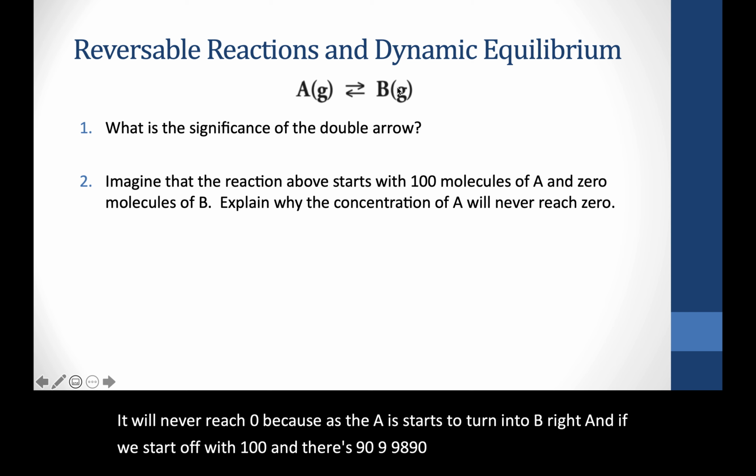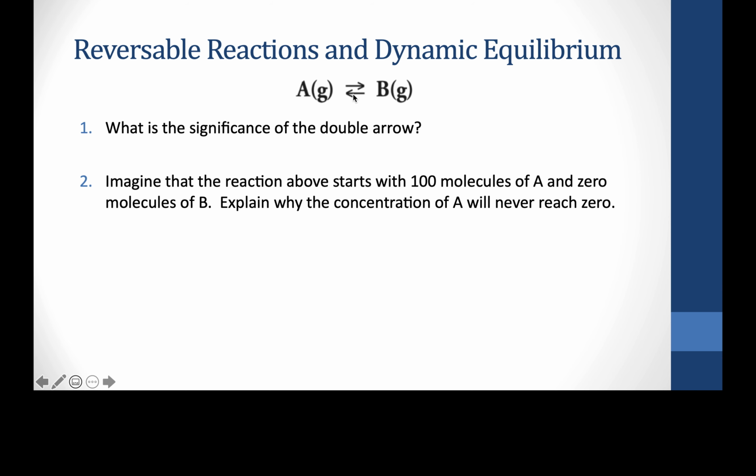They start reacting and turning into B, but then the reverse reaction also happens. B starts turning back into A. So A decreases as it turns into B, but then it gets refilled as B turns back into A, because it's a forward and a reverse reaction.